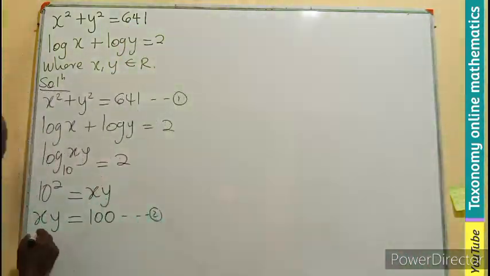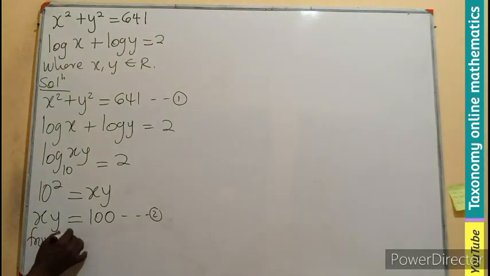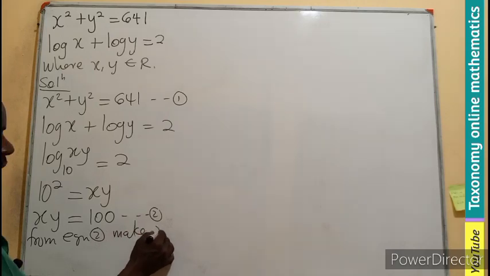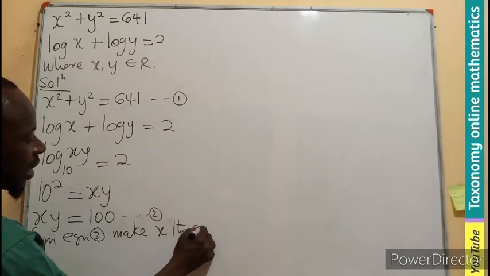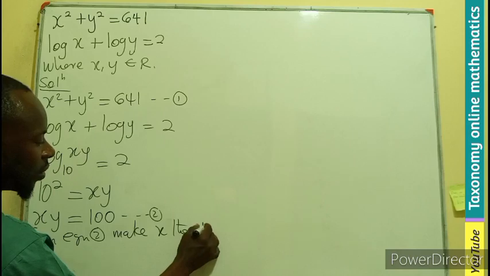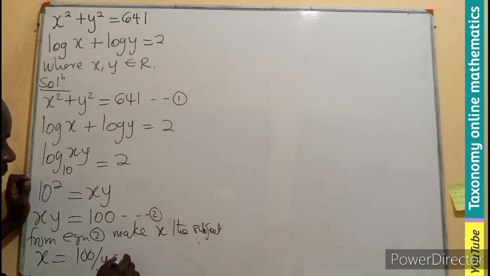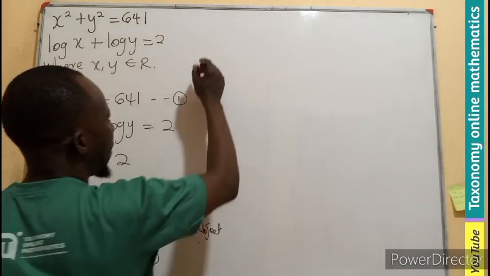So here we can say that from our equation 2, make x the subject. We are going to have x equals 100 divided by what? y. So this becomes our equation 3.